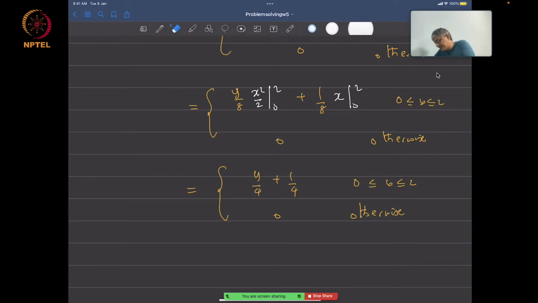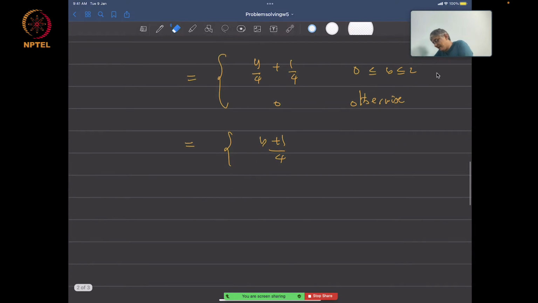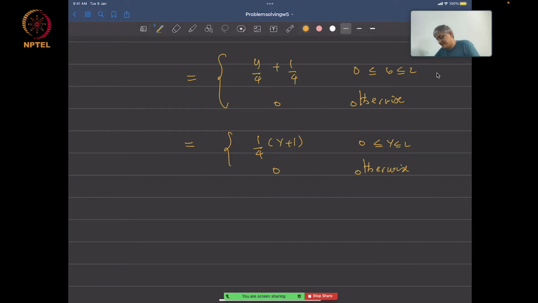That's the same as 1/4 of (y plus 1) for 0 less than y less than 2, and 0 otherwise. Okay, that's the density of y.